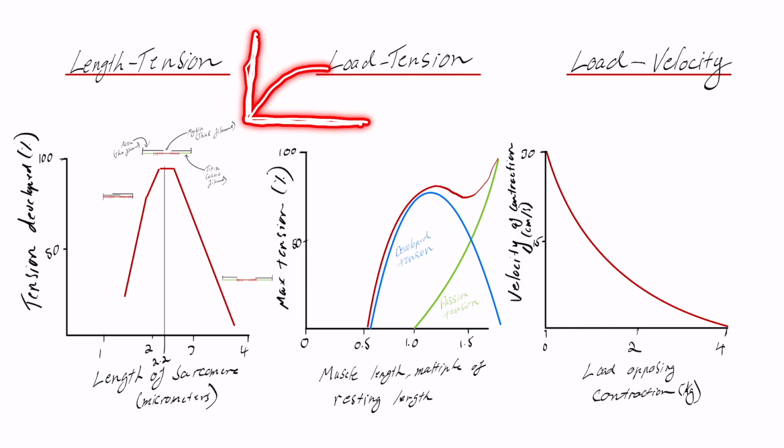You get a graph that looks like that, and that's because optimal tension here, optimal stretch, is when the sarcomere is at about 2.2 micrometers.